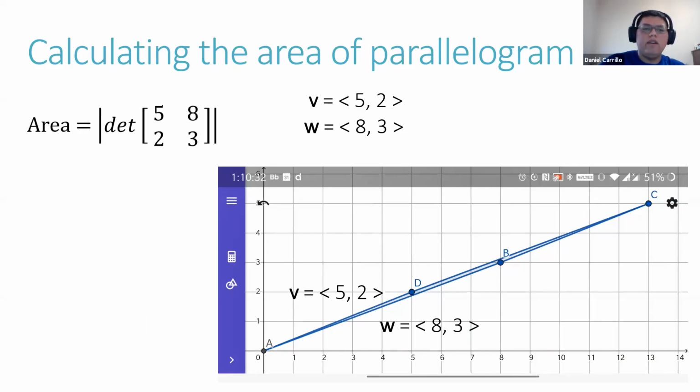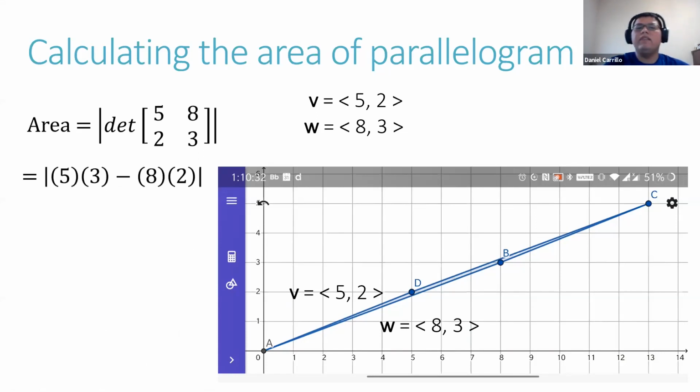And now we're gonna go ahead and recall that we're able to represent vectors into matrix form. So we're gonna go ahead and do that for vectors V and W. So once we got them in matrix form, we're gonna go ahead and find the determinants of these two vectors.